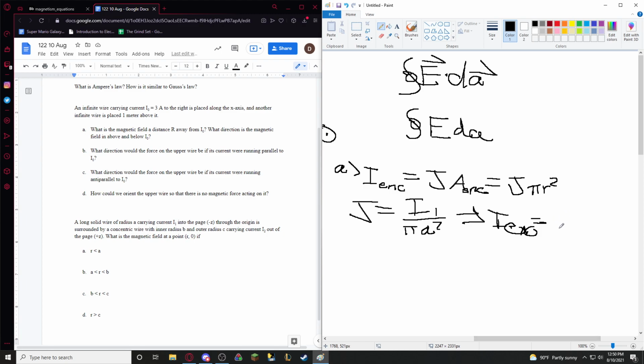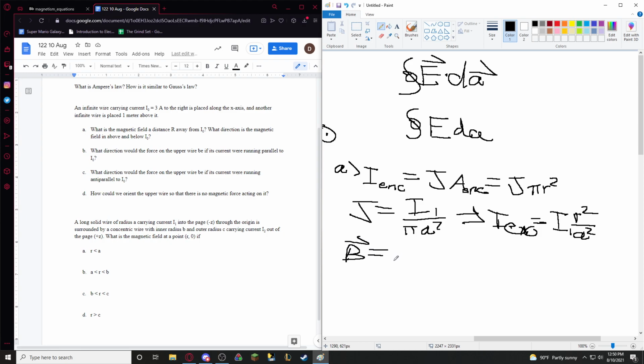is equal to I1 pi r squared over pi a squared, so r squared over a squared. Boom. That's it. And now we just plug it into Ampere's law. What do we get for the magnetic field?